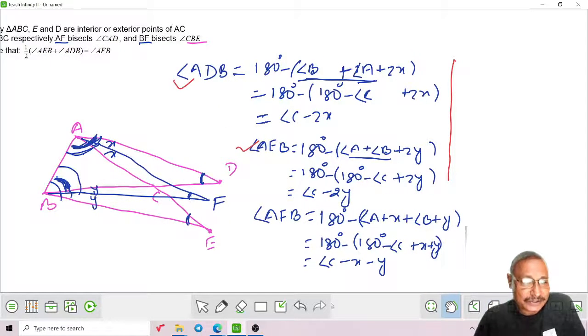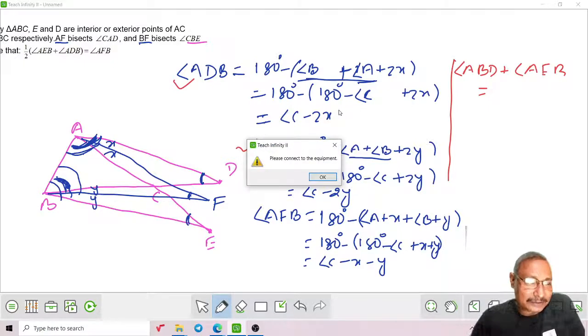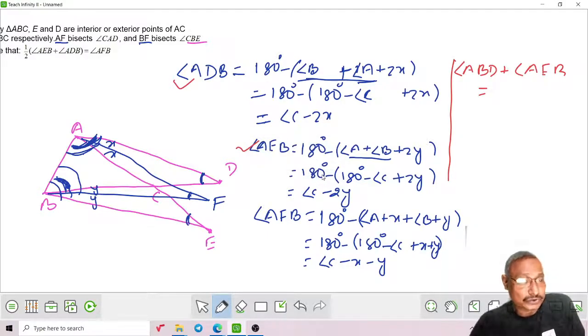The sum of ADB and AEB will be equal to C minus 2X plus C minus 2Y. That means it will be equal to 2C minus 2X minus 2Y. If we take 2 as common, it is C minus X minus Y.